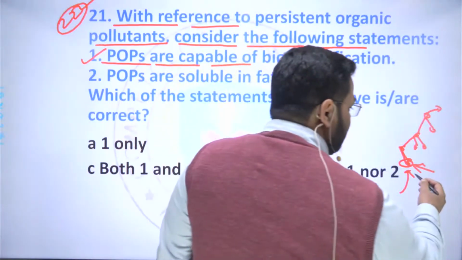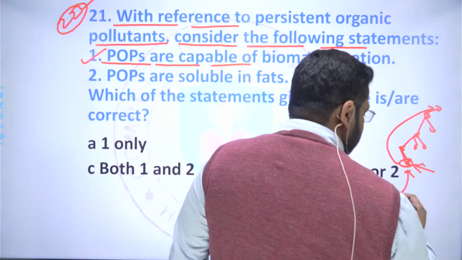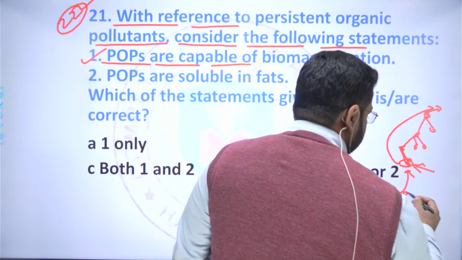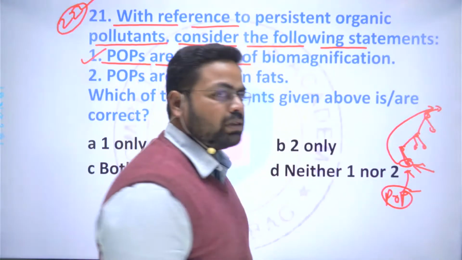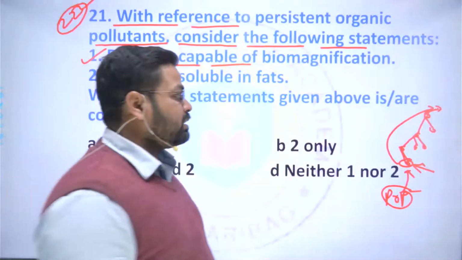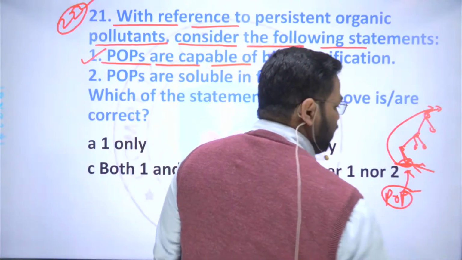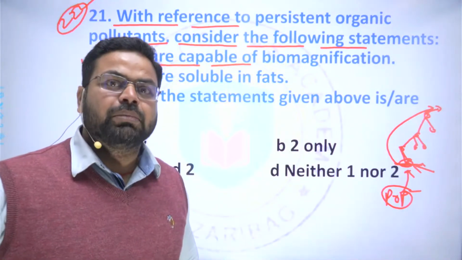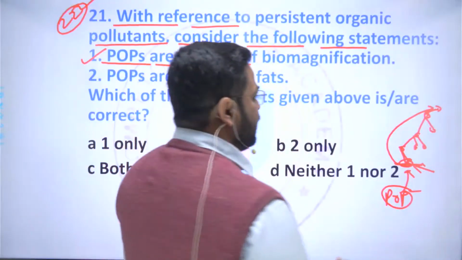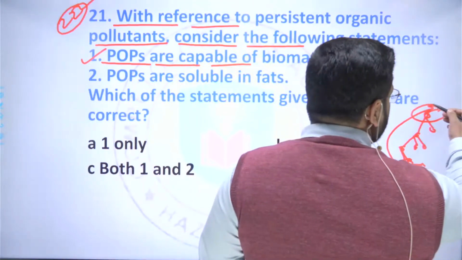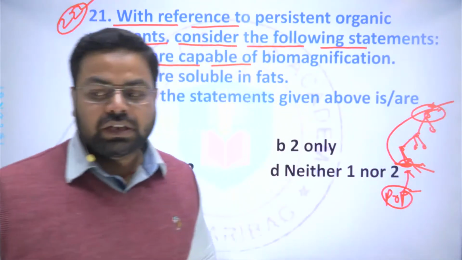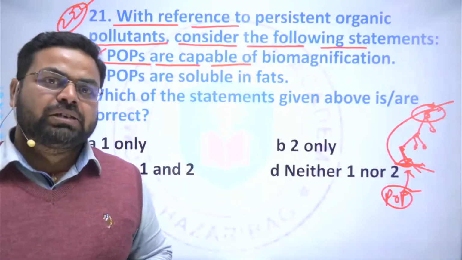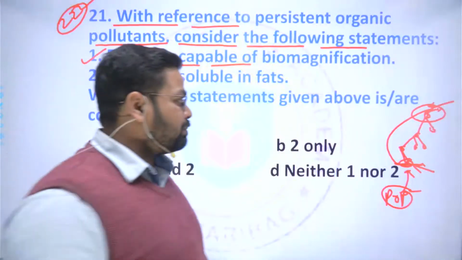Biomagnification means that the persistent organic pollutant that has been ingested by the base organism, the base of the food chain triangle, will ultimately end up reaching this apex organism's body, and this is called biomagnification.